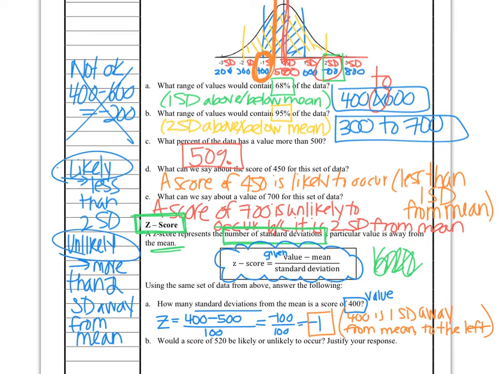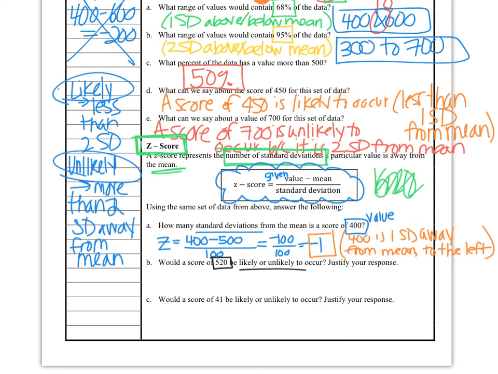Then the next question says, would a score of 520 be likely or unlikely? Well, the way we have to figure that out is to know how many standard deviations from the mean it is. To figure out the number of standard deviations, we just apply the z-score formula. So z equals value 520 minus mean 500 over standard deviation 100. So this is 20 over 100. This is 0.20.